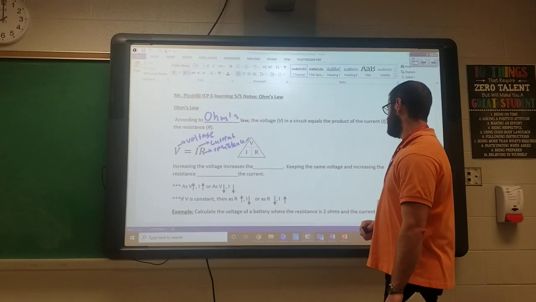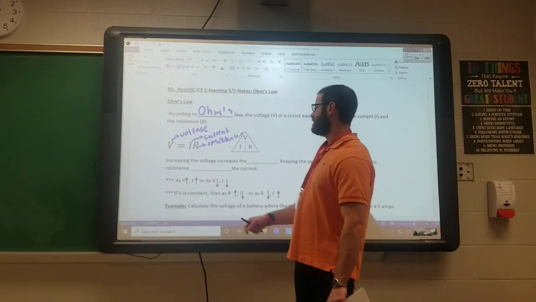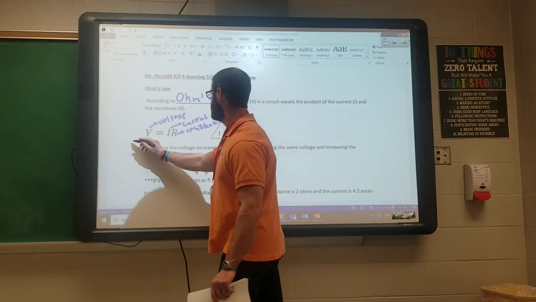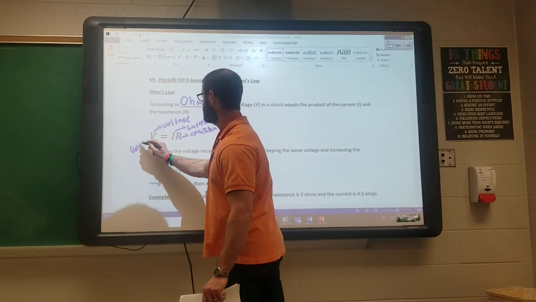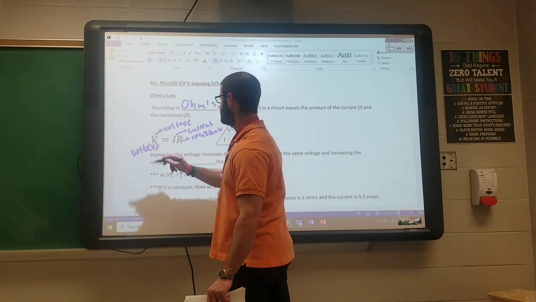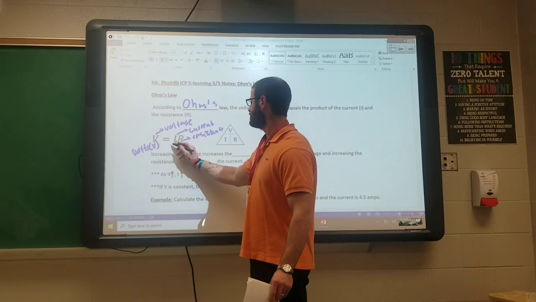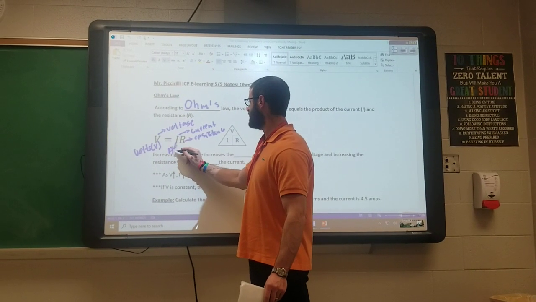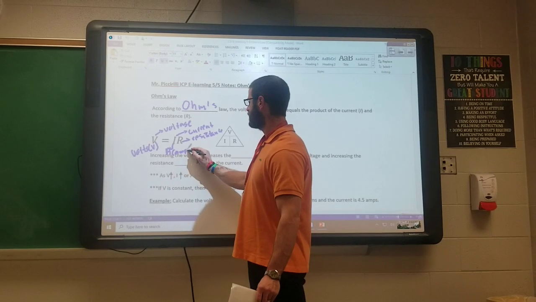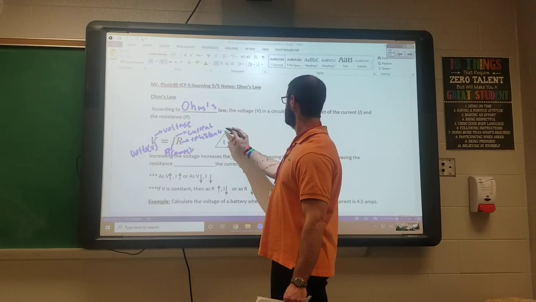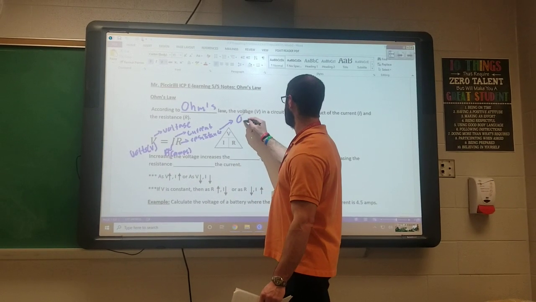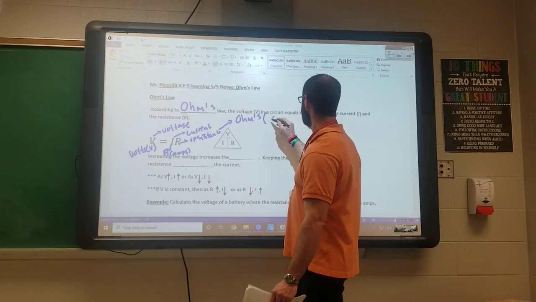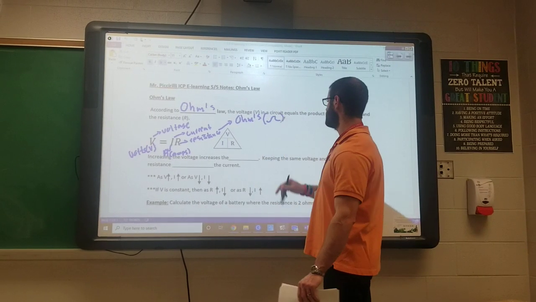Okay, and recall that we established units before. Voltage, remember that's in volts, or we just represent that with V. Current, remember that's in amps or A. And resistance is in ohms and represented with the Greek letter omega.